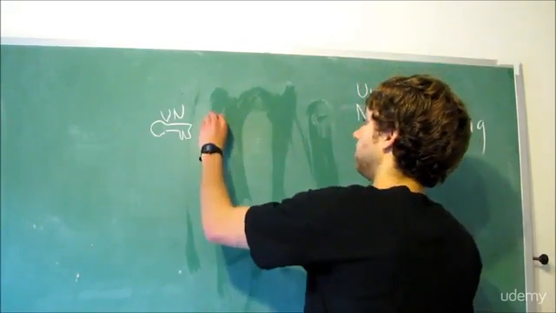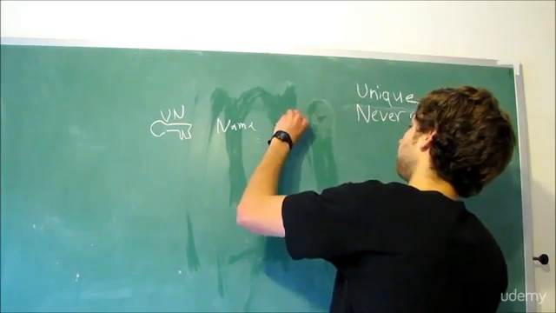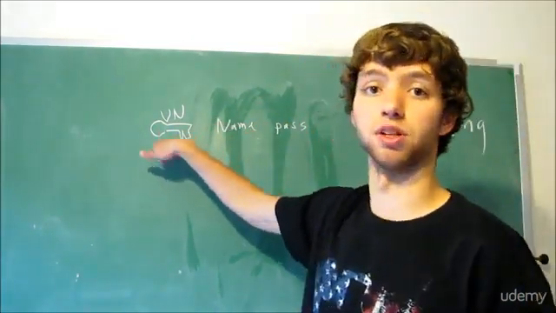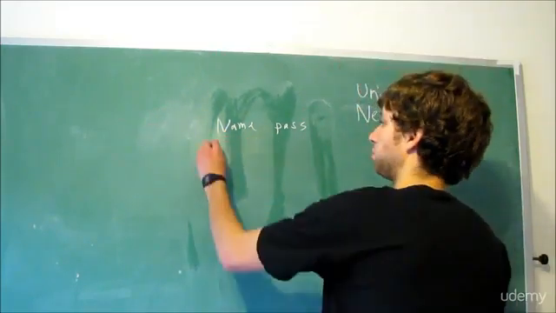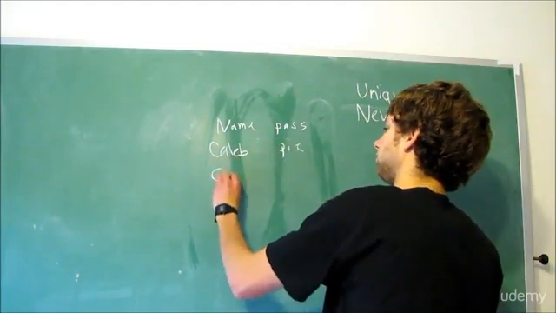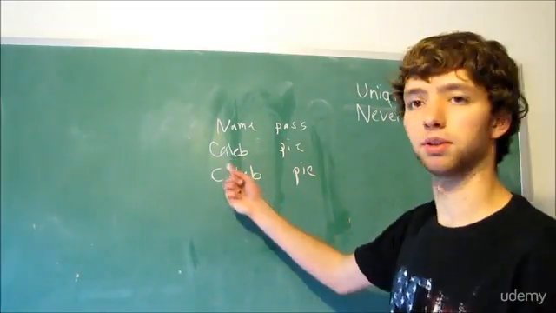So we have the name of the person, we have the password, and we know that these are pointing to this specific person. If we got rid of this key, and now we have two people with the name Caleb, with the password pie, well now, are we talking about the same person?